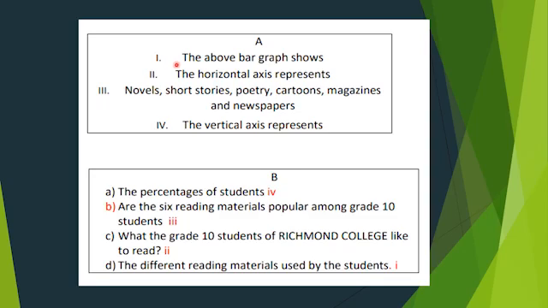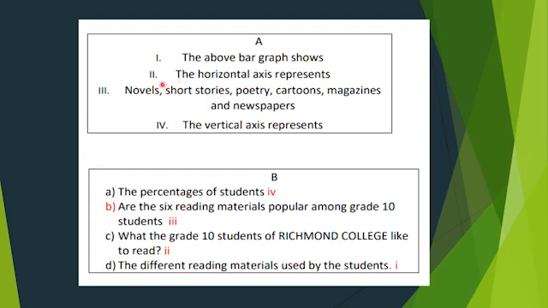Then, you have to explain two axes. Find the sentences relevant to the axis. Read and notice the graph. Here are 2 sentences. Sentence number 2 and sentence number 4.